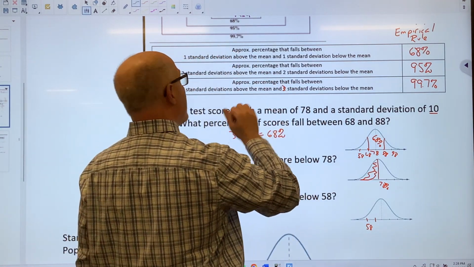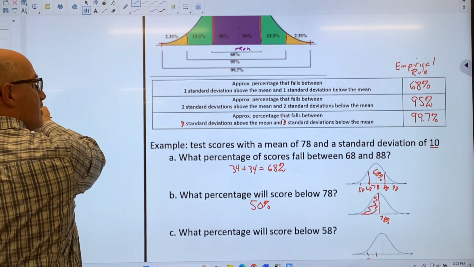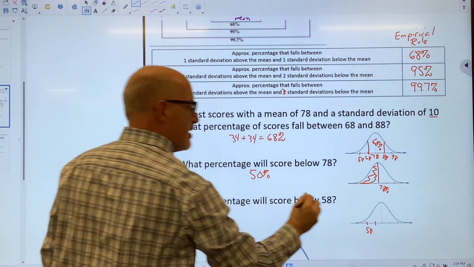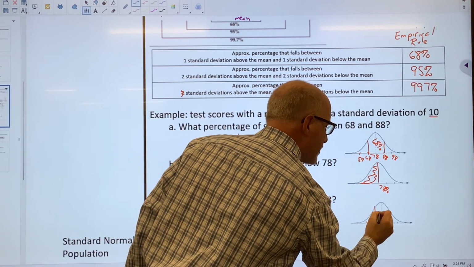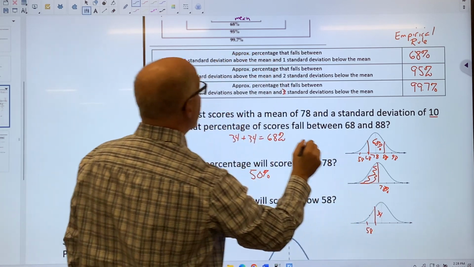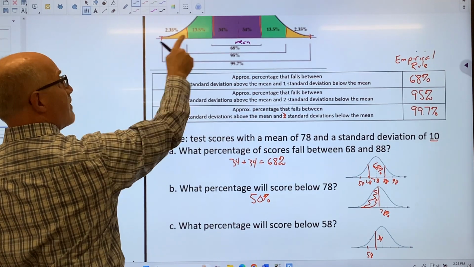Remember up here when we look at these regions, we've got 34 and 13.5. So this region here is 34%, and this area here is going to be the 13.5%.